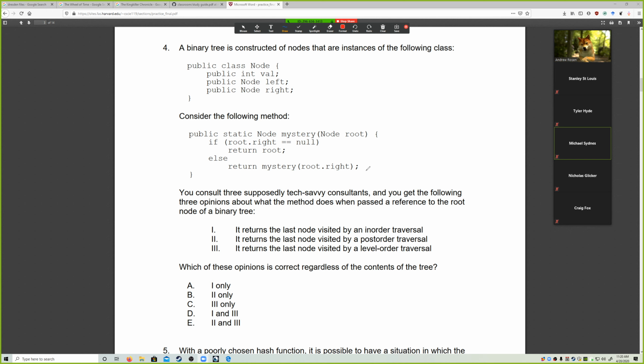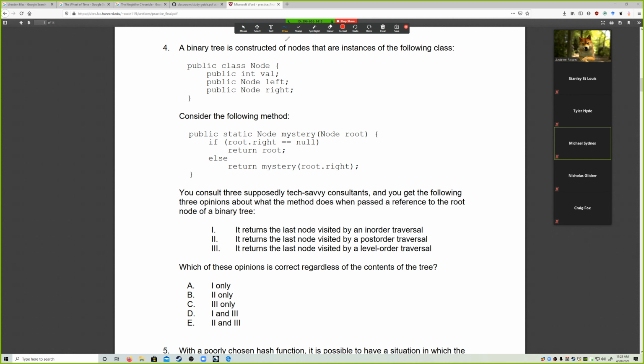Otherwise, return mystery on my right node. You consult three supposedly tech-savvy consultants and get three opinions about what the method does when passed a reference to the root node of a binary tree: the last node visited by an in-order traversal, the last node visited by a post-order traversal, and the last node visited by a level-order traversal. Which of these is correct regardless of the shape of the tree?